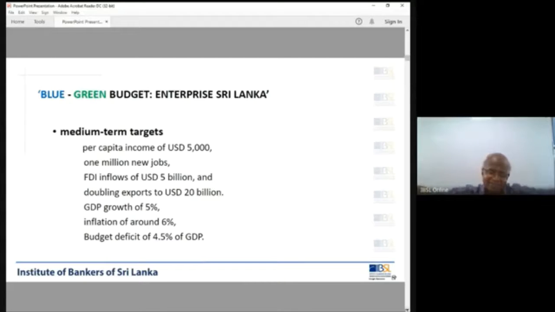Huge budget deficit. But here, our budget deficit now is not that high, 6%, 5%. So they want to bring down the budget deficit to 4.5%. These are the targets. Every budget, when you read the budget speech, there is a summary in the first session. Please go through the budget speech.